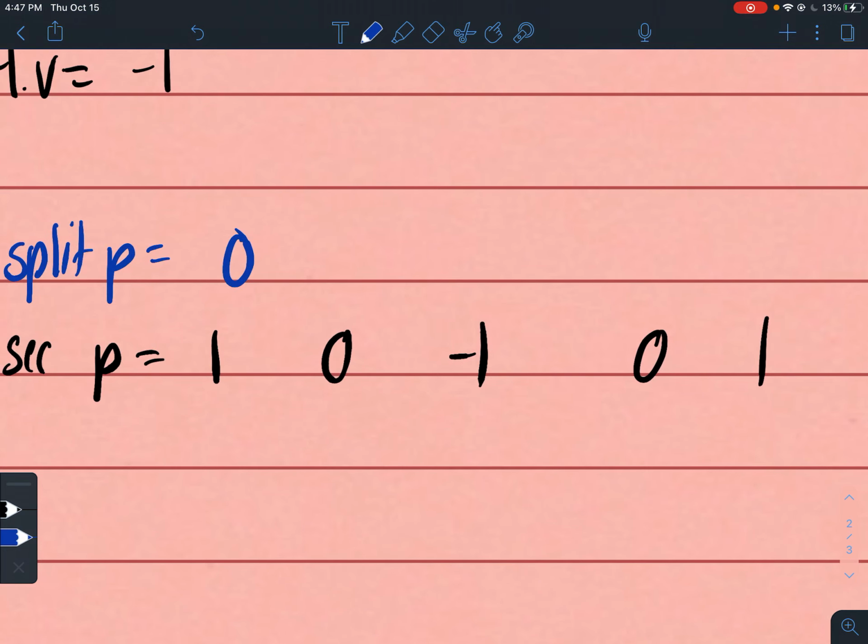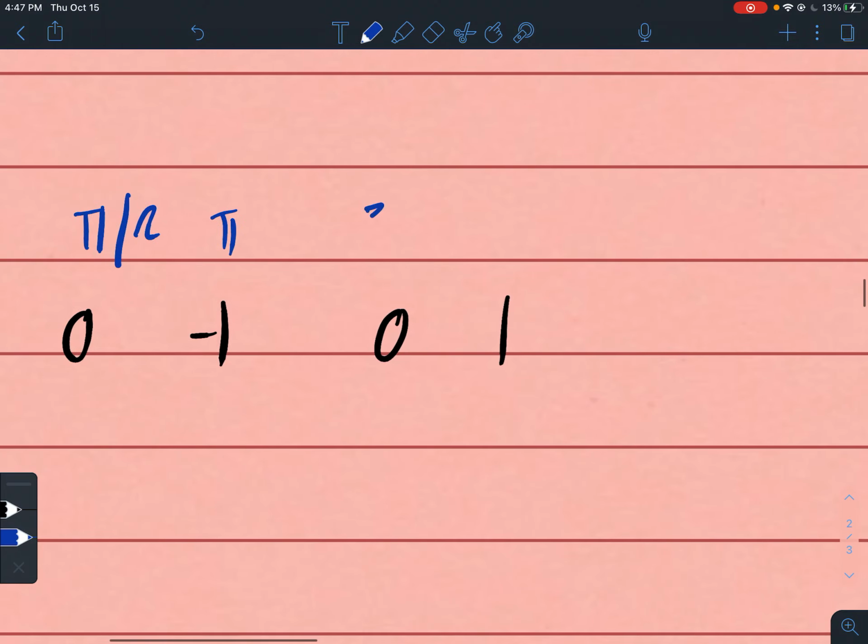Zero, pi over 2, pi, 3 pi over 2, and then 2 pi.